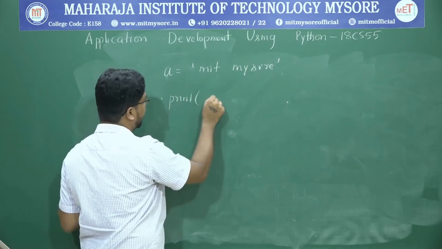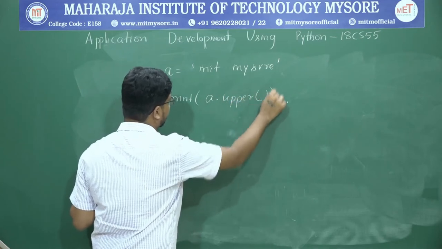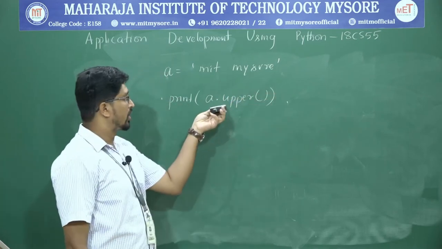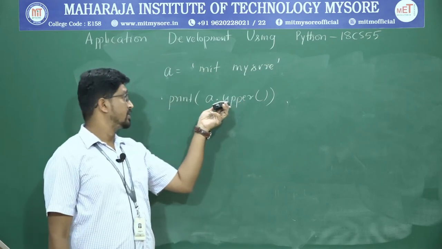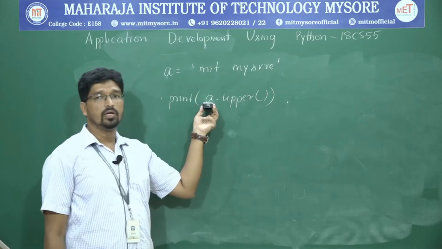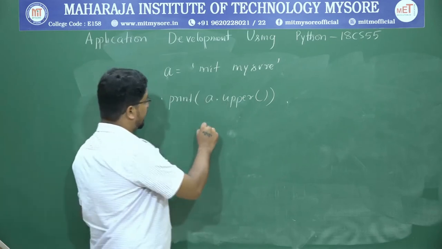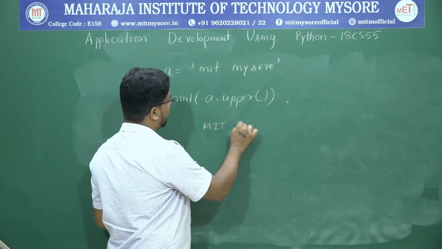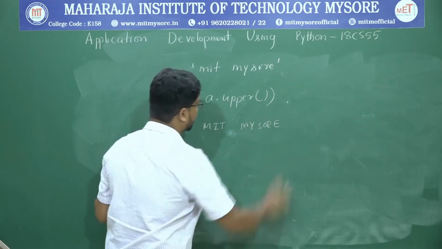Let us say you have A, so you simply say A dot upper. Upper is a method of string, which is lowercase. Don't write it in uppercase. Whatever string you want to convert, A dot upper, the output would convert each and every character to uppercase, MIT MYSORE.